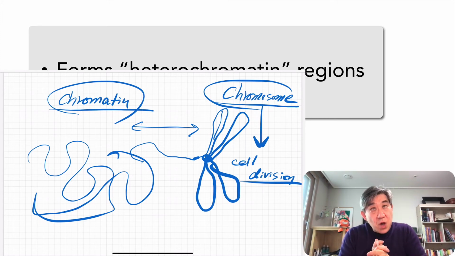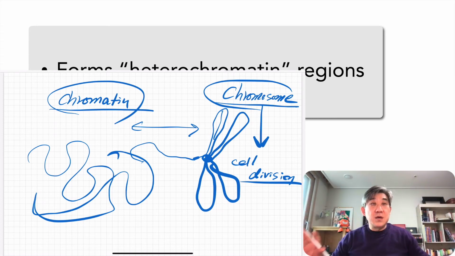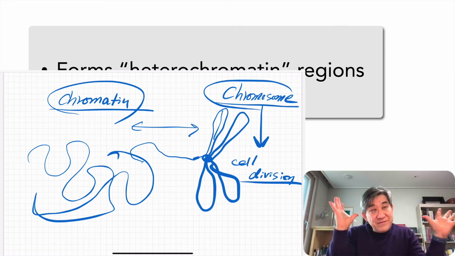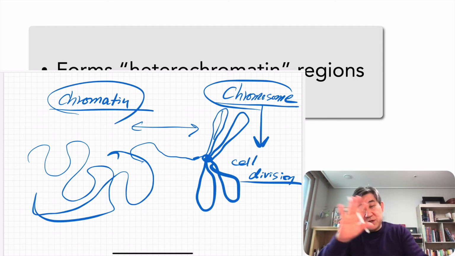For the rest of the cell's lifespan, the majority of cells have their DNA in the form of chromatin, the less condensed form.